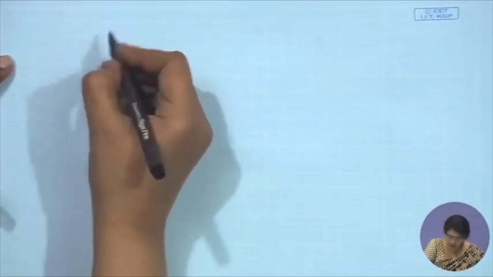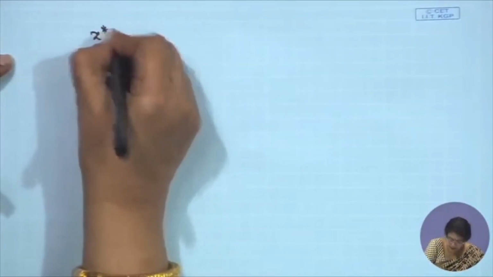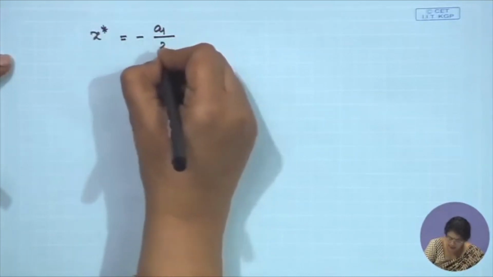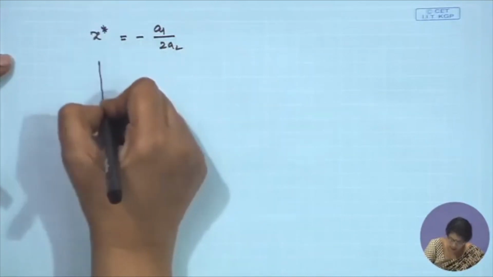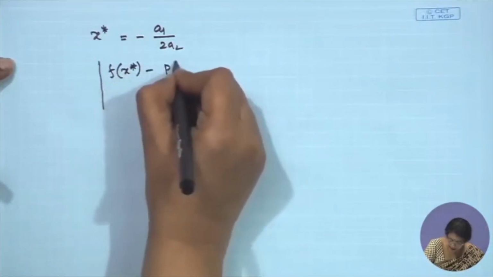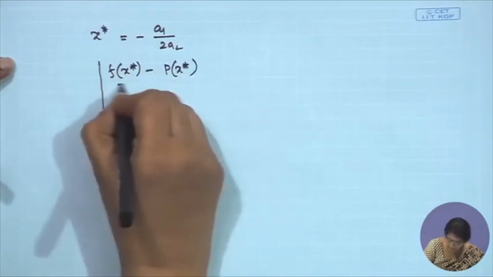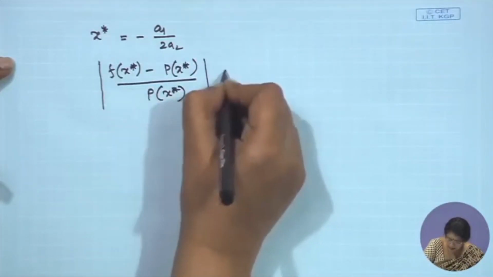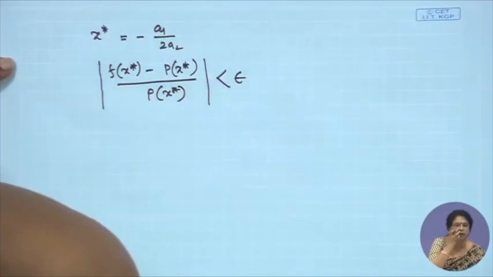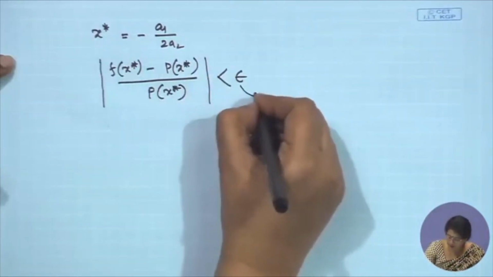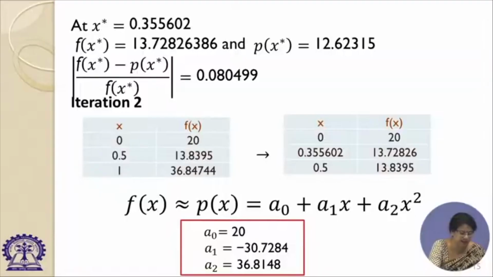For checking that, you need to find out the x star value, which is equal to minus a1 by 2a2, and we need to find that (f(x star) minus p(x star)) divided by p(x star) must be less than epsilon. Then only, if the epsilon value is very small, can we say that this is a good fit.